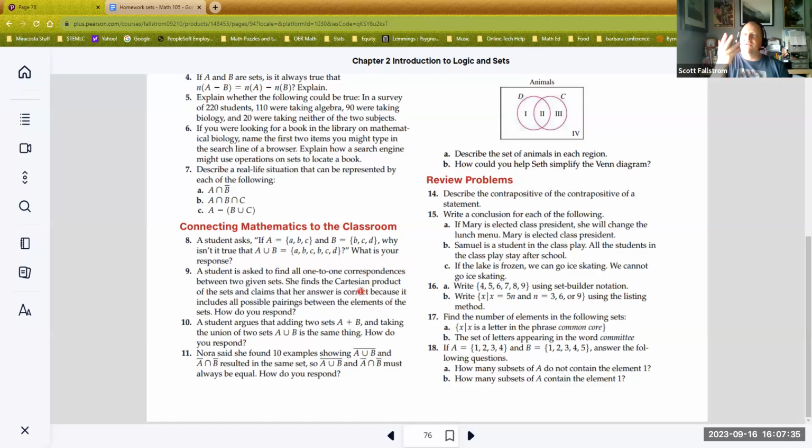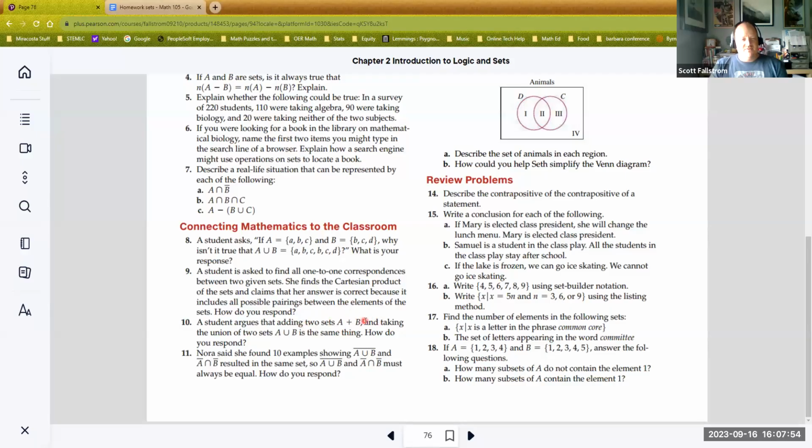Like if a Cartesian product had 3 in the first set, 4 in the second, you're going to end up with 12 elements, 3 times 4. But does that mean those 12 pieces are one-to-one correspondences? Because that doesn't seem to make sense either. So maybe that could help you with something like that.